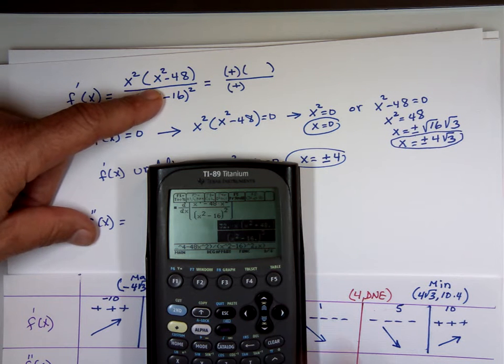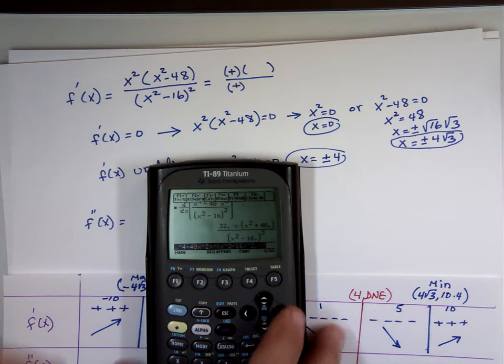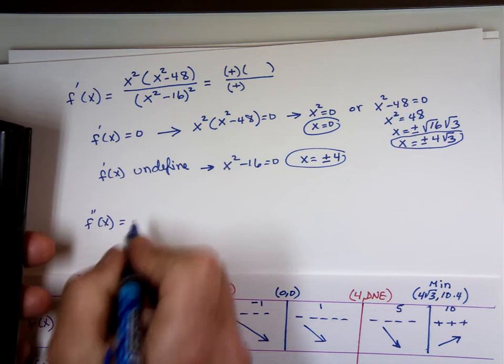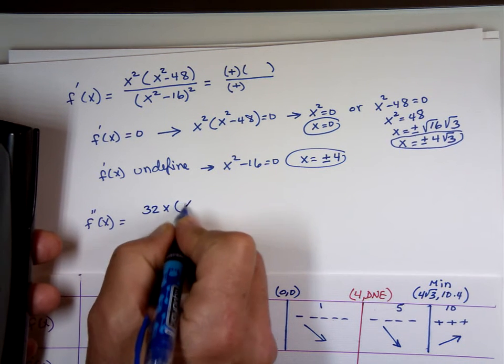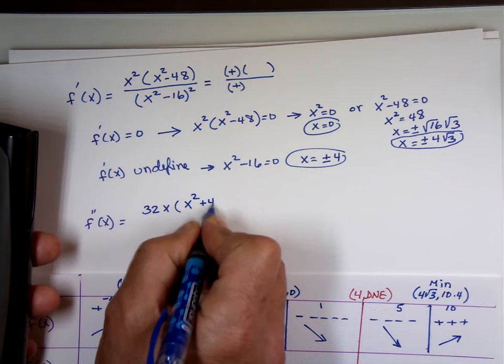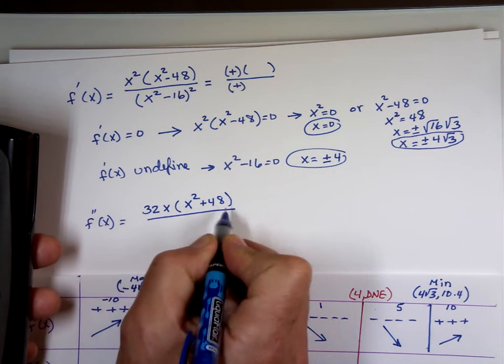Can't see when I put that grid on it, but there's the answer. So the answer for that, using my cheat method again, is 32x times x squared plus 48 over x squared minus 16 cubed.